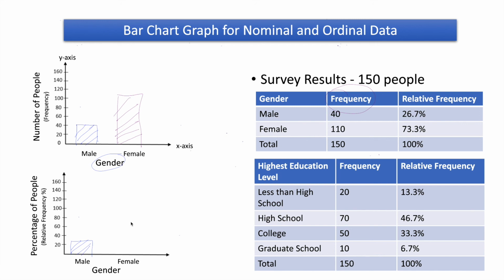So that would be somewhere up here. Somewhere around here. Awesome. So what we did in this example is for the bottom one, we plotted the relative frequency or the percentage of people who responded to being male and female. Using the same approach, we can do the same thing for highest education level.